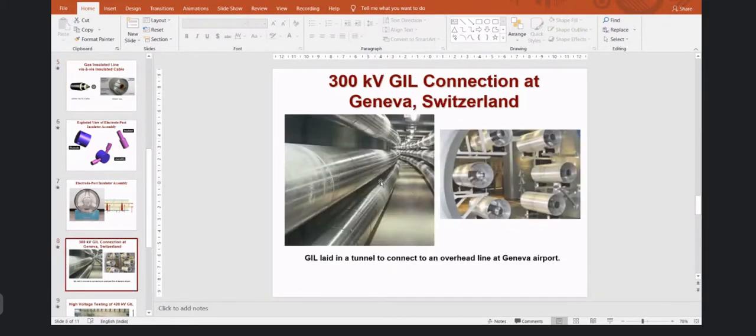And here you can see 6 cylinders running, and this is running through a tunnel to house these cylinders. So you can see that this is a double circuit transmission line. I hope you understand what is called a double circuit transmission line. That means there are two three-phase lines running. So you can see the two circuits running. And on the right side, it just shows a model of how it is running.